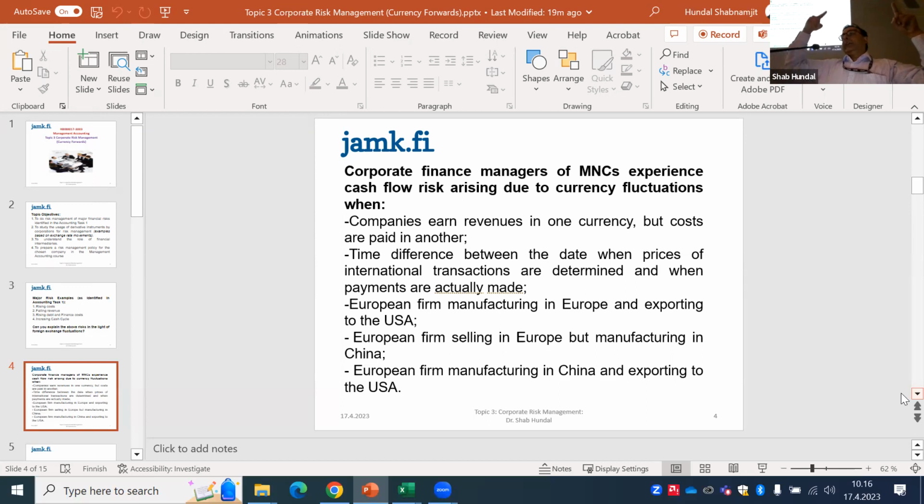The cash cycle is not only longer, but the cash cycle is also uncertain. Try to visualize a situation. If the same example happens in Finland, your supplier is in Finland and gives you 3 months credit, and your customers are also in Finland, and you give them 9 months credit. Look at the situation.